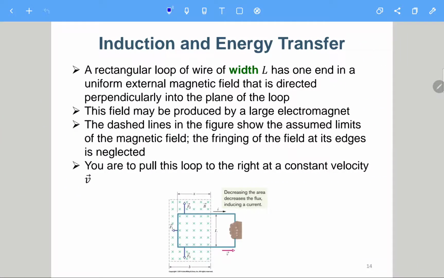So yeah, next, here we talk about energy transfer. Here we have a rectangular loop of wire with length L, which has one end in a uniform external magnetic field. In this area we have the uniform magnetic field pointing into the page.